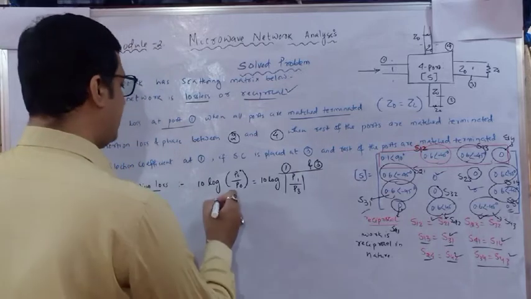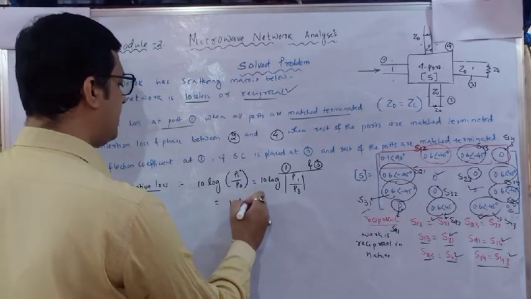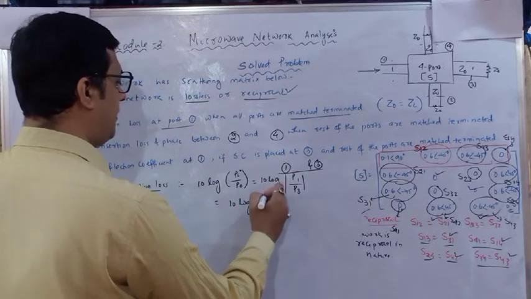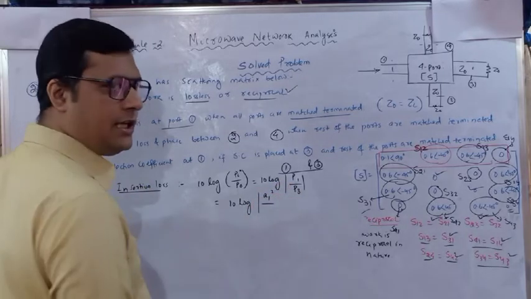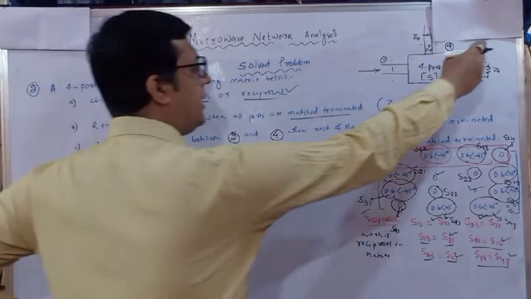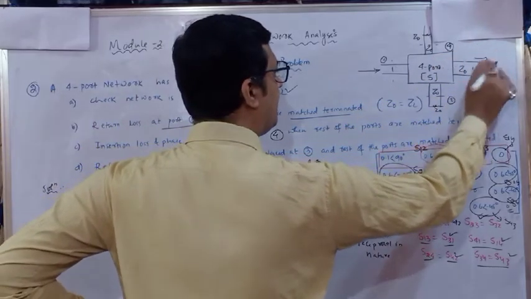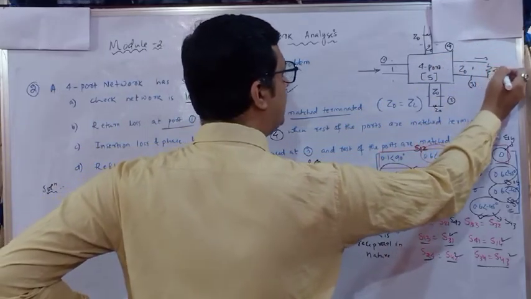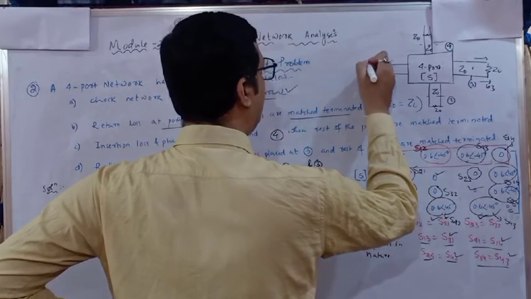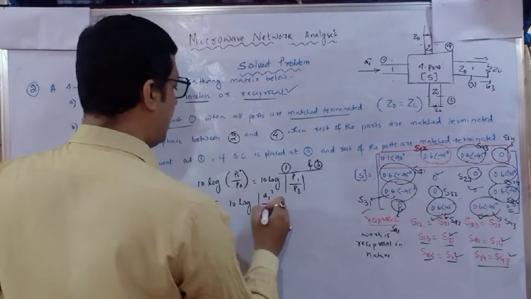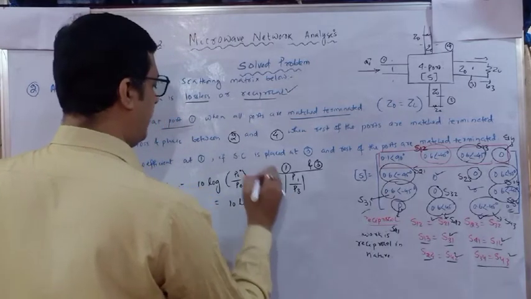So if I am writing like this, 10 log P1 is incident A1 square, and P3, in which we are getting the output with a certain load ZL, is along B3, and here it is along A1. So here I will write B3 square.